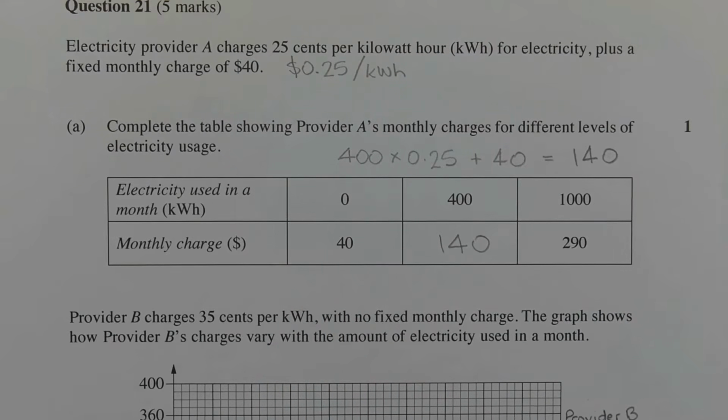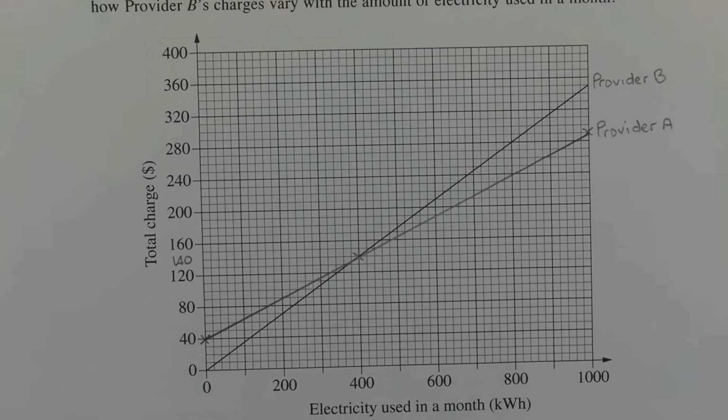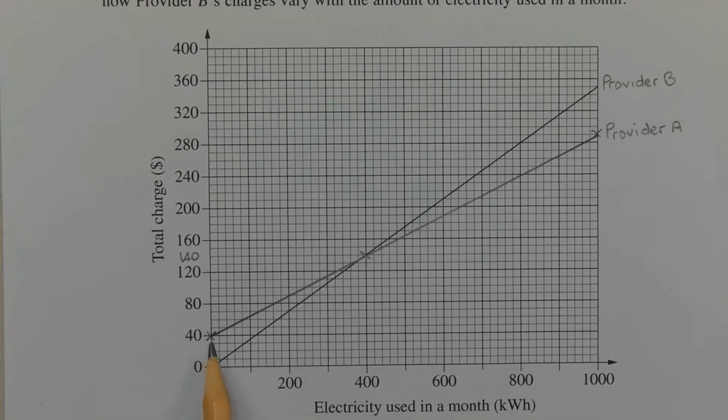So the 3 points we need to plot are (0, 40), (400, 140) and (1000, 290). So on the grid, there's (0, 40), there's (400, 140), and there's (1000, 290).